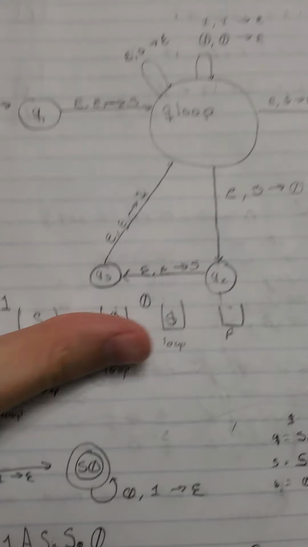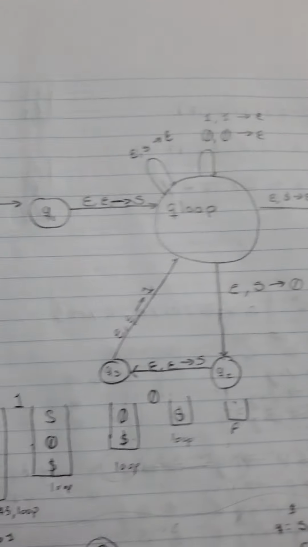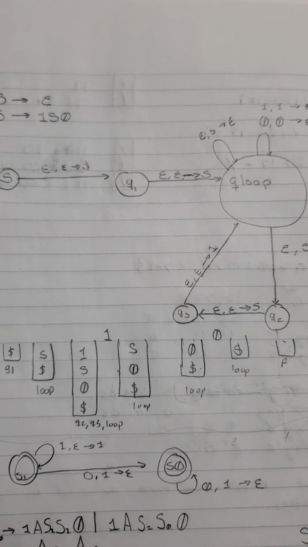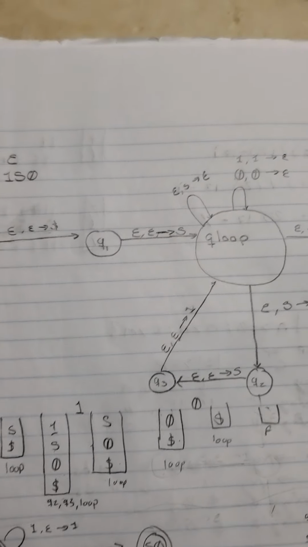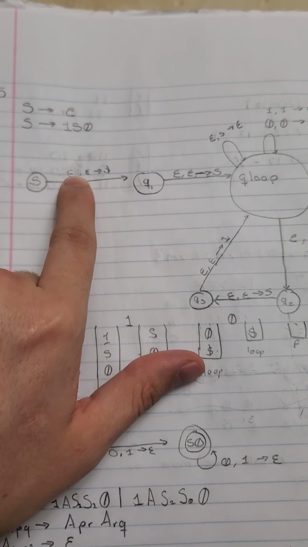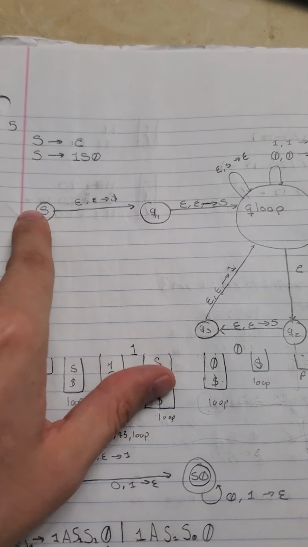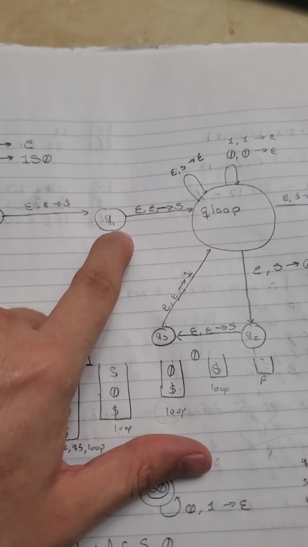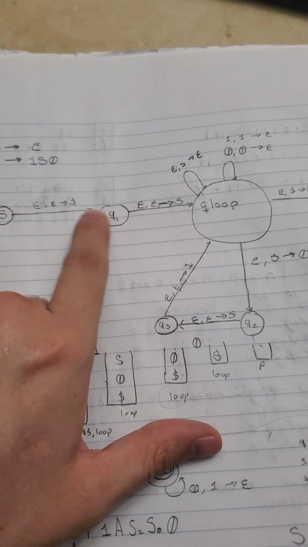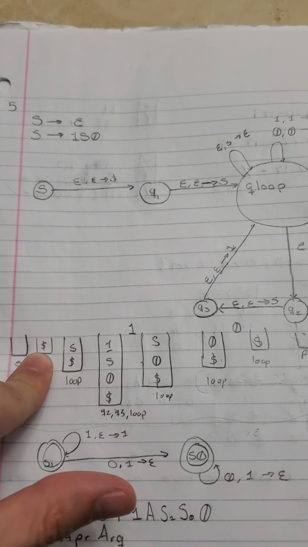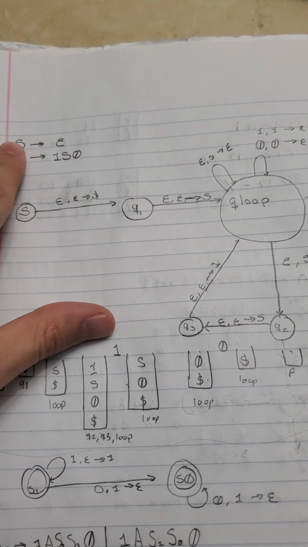So what I did is pretty much this fabulous CFG. So as we know, we have to push the dollar sign every time. From the start state to Q1 we should push the dollar sign, and then we have to push the start state.